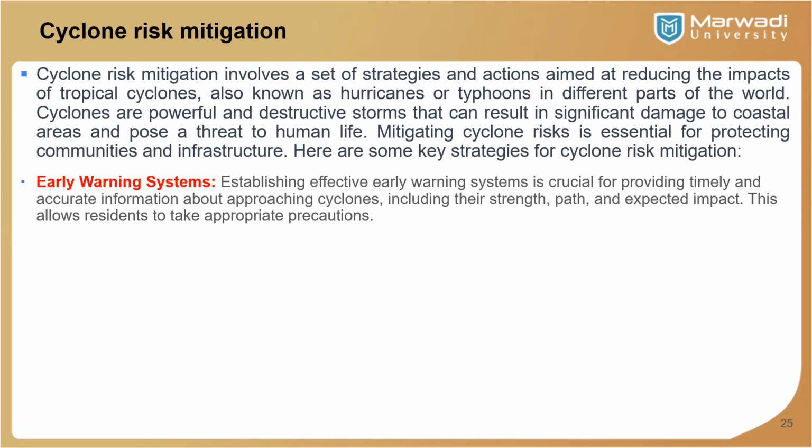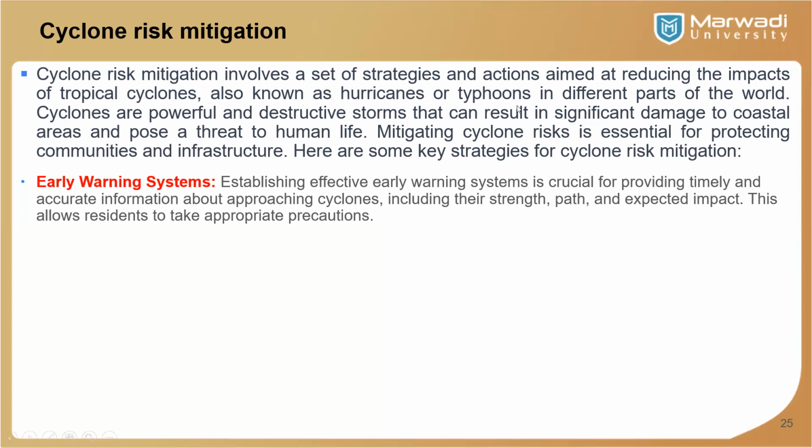As you all have witnessed this June, June 2023, when a cyclone was approaching and falling around the Kutch region of Gujarat, they were continuously monitoring it and giving updates about the strength, the path, and the expected impact time on the particular region.